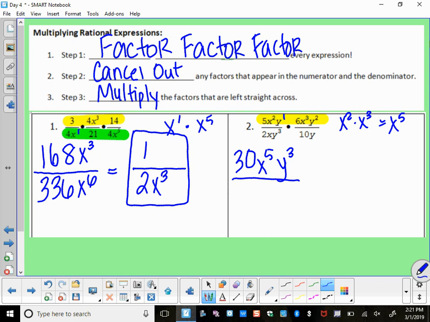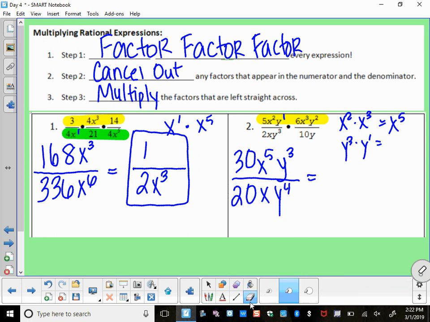For my denominator, let's multiply across. What's 2 times 10? My x stands alone. I just have one x. And I have y to the third times y to the first. That gives me y to the fourth. We're going to simplify this.